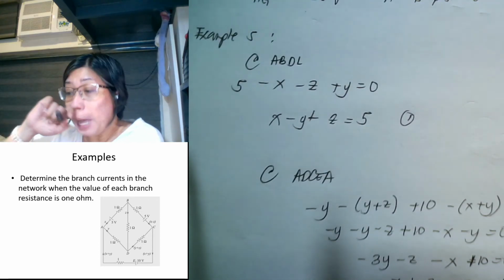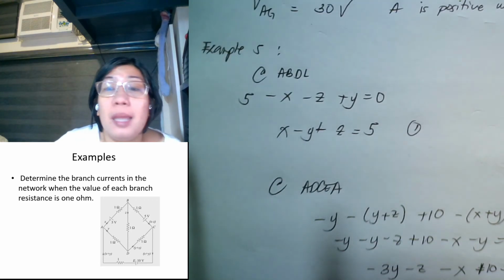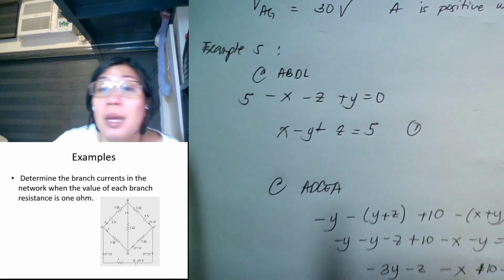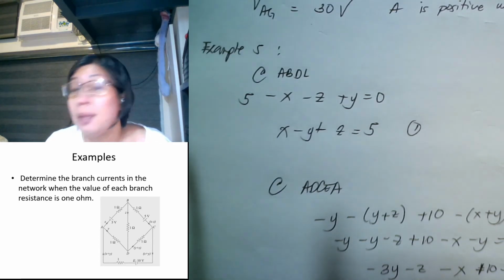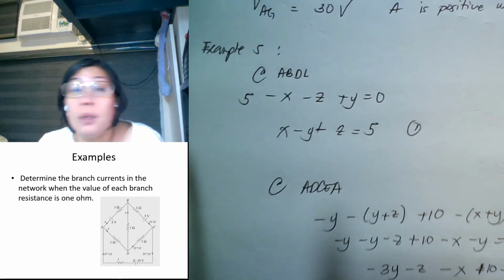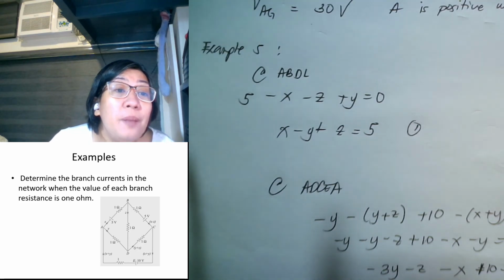Okay? So I will go to A, B, D, and A. So where is A, B, D, and A? So this is A, B, D, and A. So this one, that is positive 5. So current will enter here, so it will leave here.